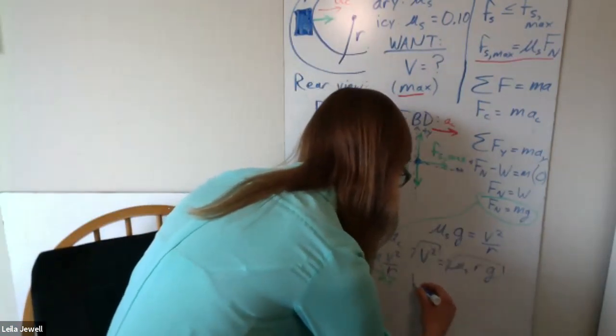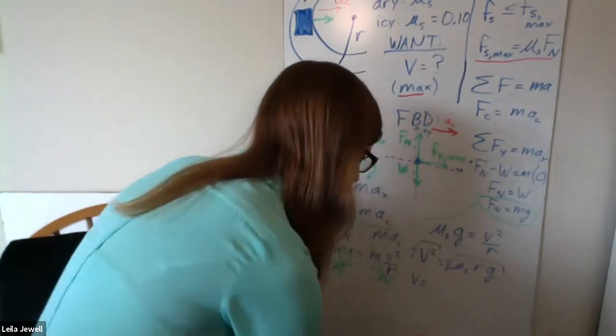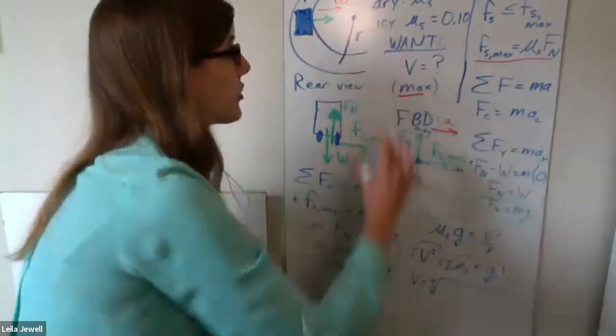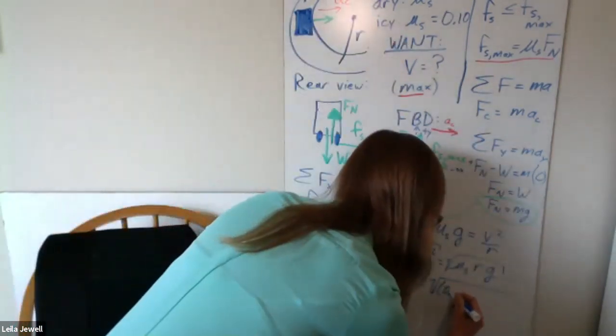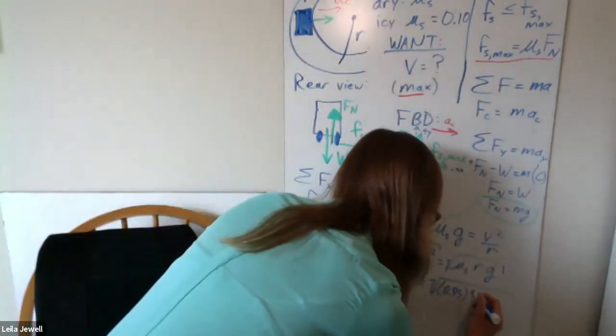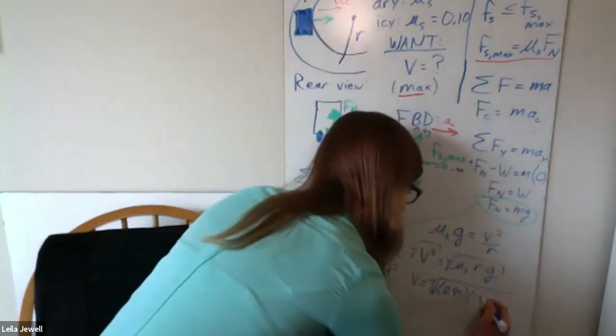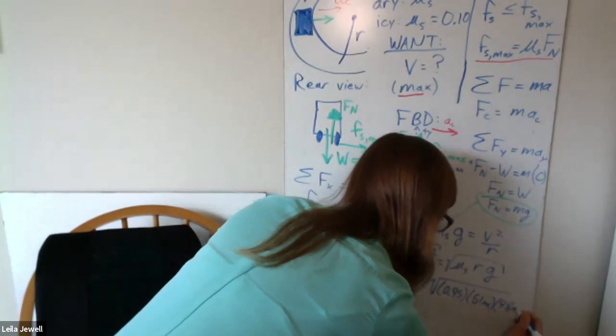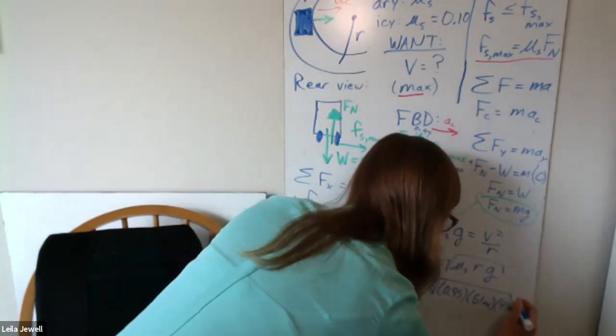All right, and now we are home free, we can plug in. v is equal to the square root of, we could start with the dry conditions, 0.95 times my radius of 51 meters times g, 9.8 meters per second squared.